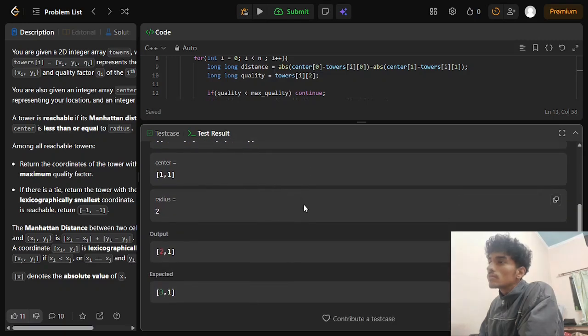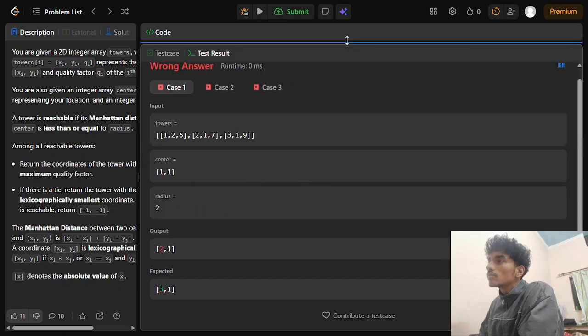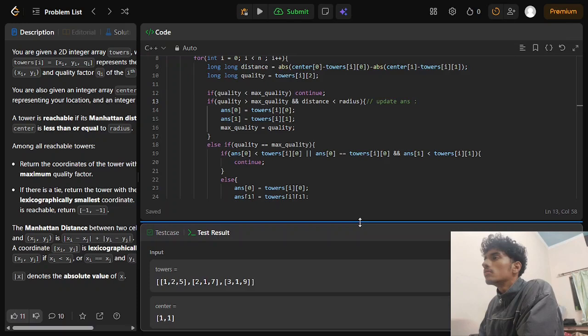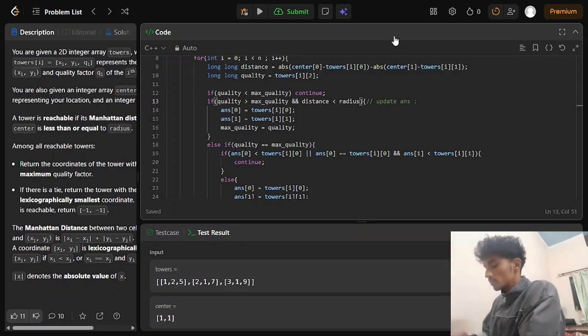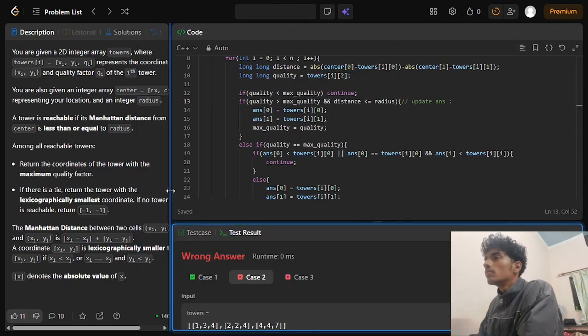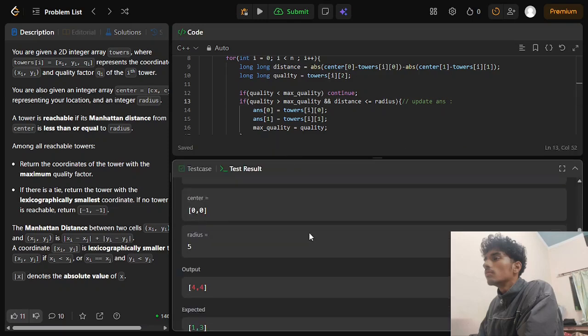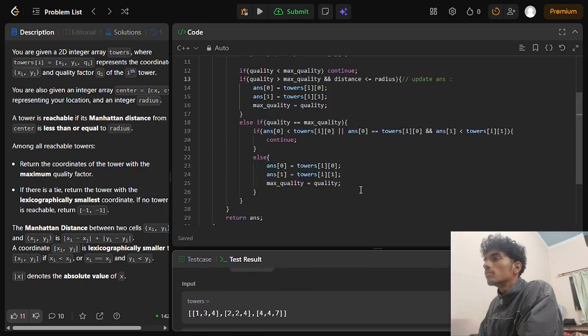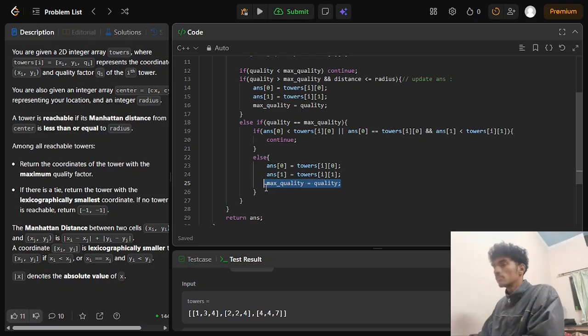Hmm, let me check where the problem really is. We don't need to update our max quality over here.